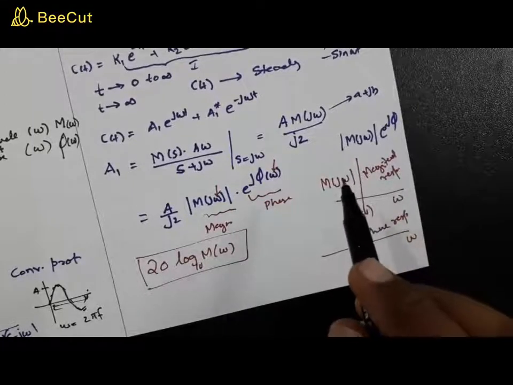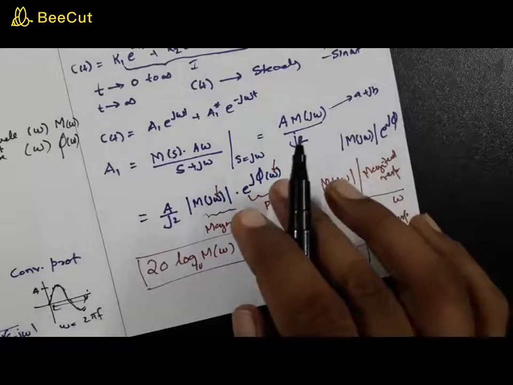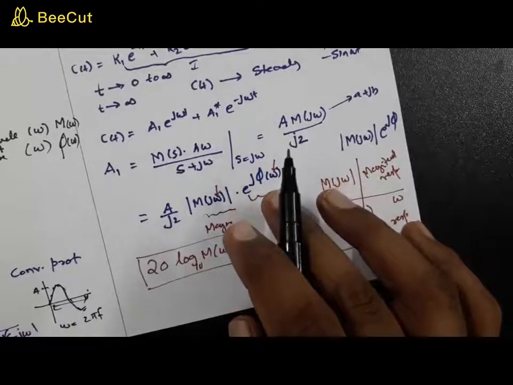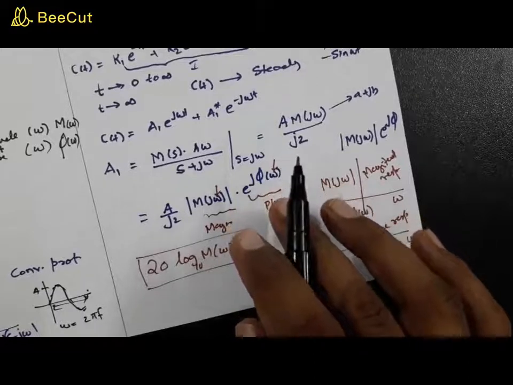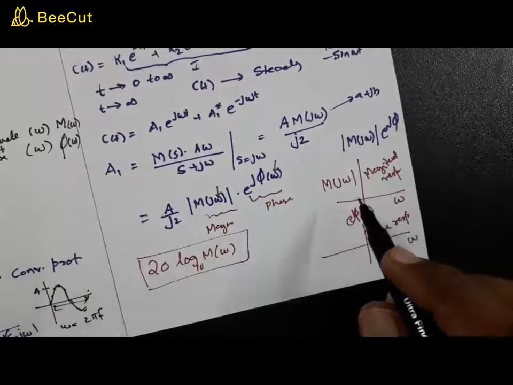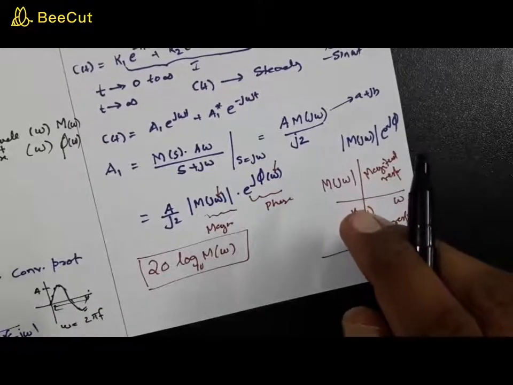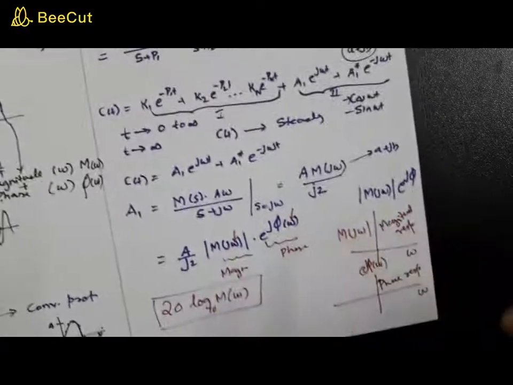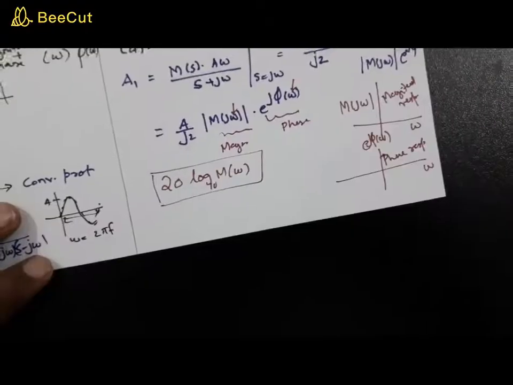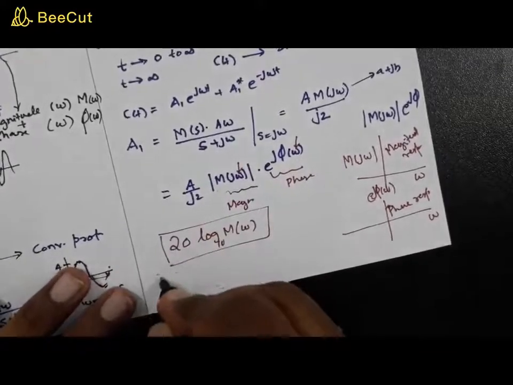In the time domain analysis, all those specifications are related to the transient response, while this one gives you more idea about the steady state output when you give a sinusoidal input. Now once you get this a1, it is very easy to get a1 star.